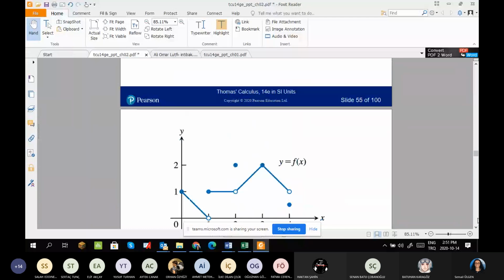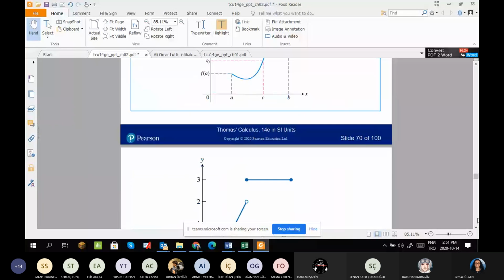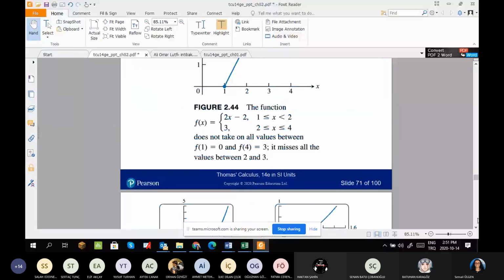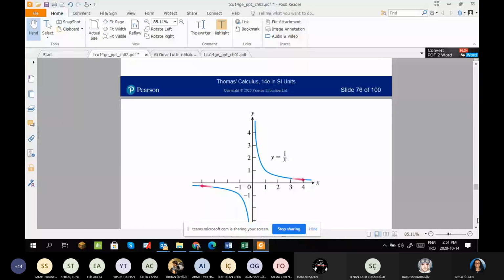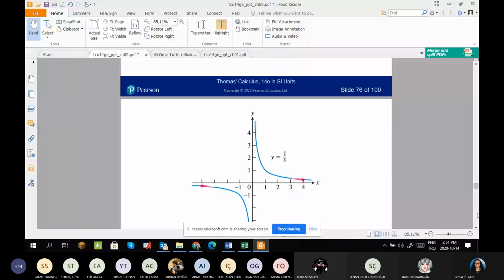Is this all? Let's see. Section 2.6 is about limits involving infinity, because after we define limits, we will look at what happens to infinite limits or limits involving infinity, asymptotes. We talked a little bit at the beginning of the class last week about what asymptotes are.